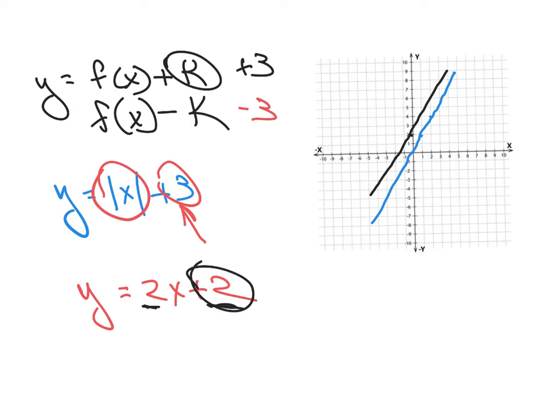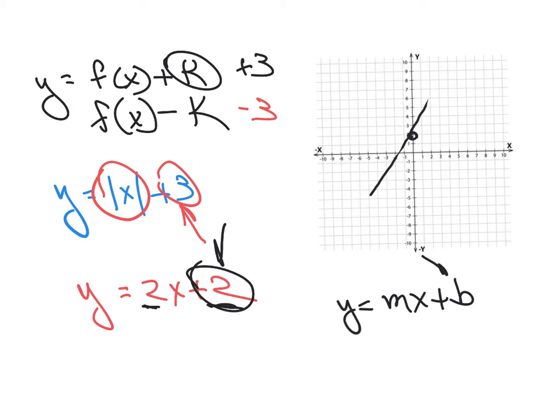So it's going to get to a point where you can graph this black line here without having to, first of all, graph the blue line. So that's eventually where we're going to go, and you might already know how to do that. We've already talked about it when we did y equals mx plus b, where b is the y-intercept, where it crosses the y-axis. So it's already showing you that shift whenever you have a number there. So anyway, let's keep going.